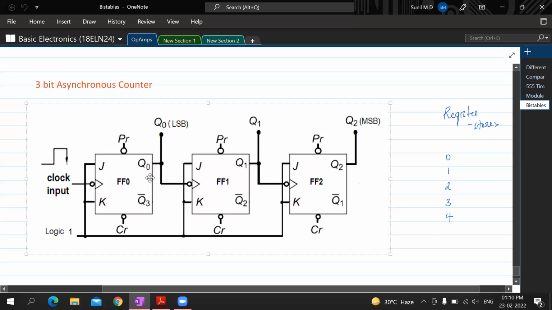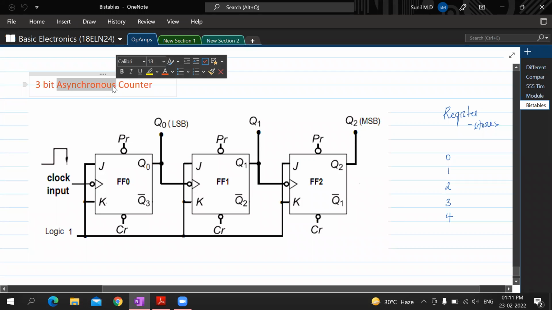That is, the output as well as it works as the clock. Similarly, when this is the clock which triggers this particular flip-flop, it will have the output, and that output will be given as the clock to the next flip-flop. It is output as well as it works as clock. So that is why it is called asynchronous. Is that understood now? Why it is called asynchronous?